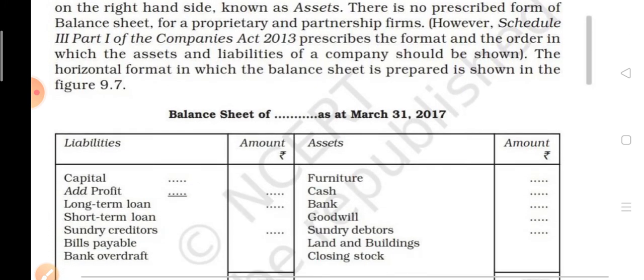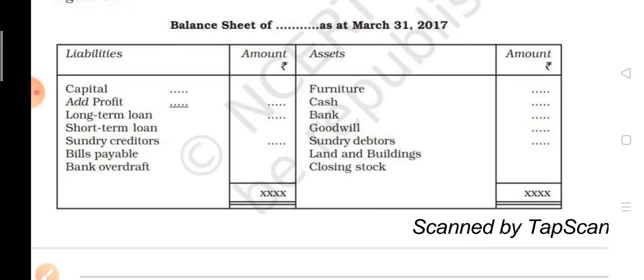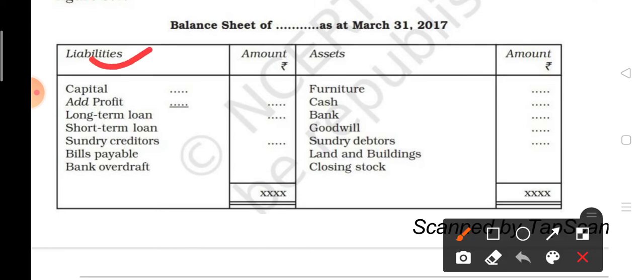Now preparing the balance sheet. Children, in the accounting equation chapter I have already told the balance sheet format. The first side belongs to liabilities and the second side belongs to assets. All the assets you have to write in the asset side and all the liabilities in the liability side. So capital you can take in liabilities: capital add net profit.